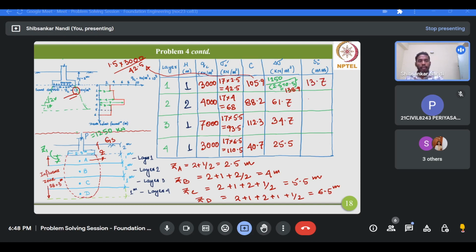I am writing down the final values: then 14.6 mm, then 2.8 mm and 5.1 mm. Now you have to add all these values to get the final settlement. The total would be 13.7 plus 14.6 plus 2.8 plus 5.1, which is 36.2 mm.